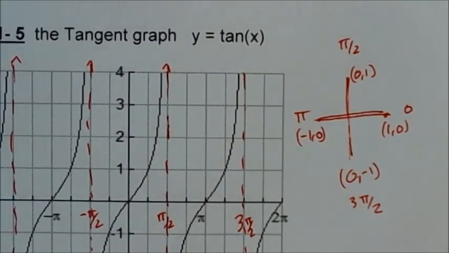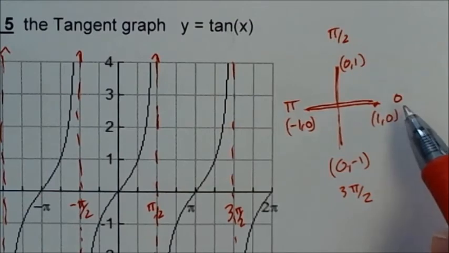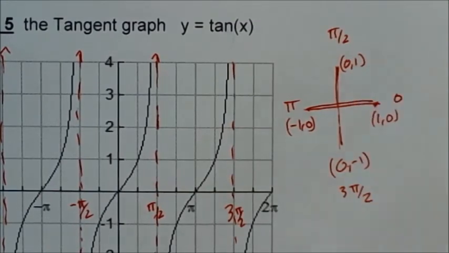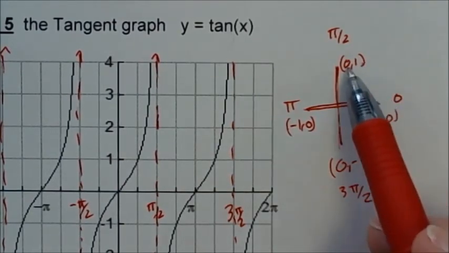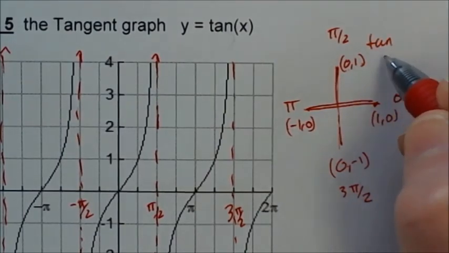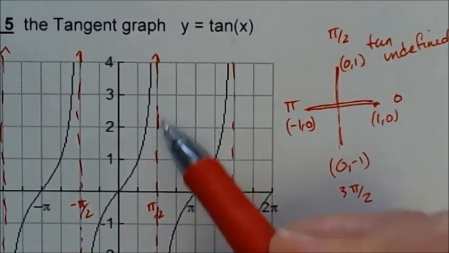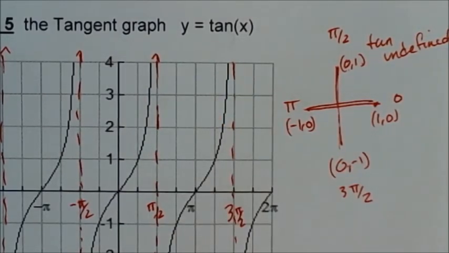Remember, tangent is sine over cosine, so at pi over 2 radians, sine over cosine, 1 over 0, that's undefined, right? Tangent's undefined here. So that's why we have this vertical asymptote on the graph.